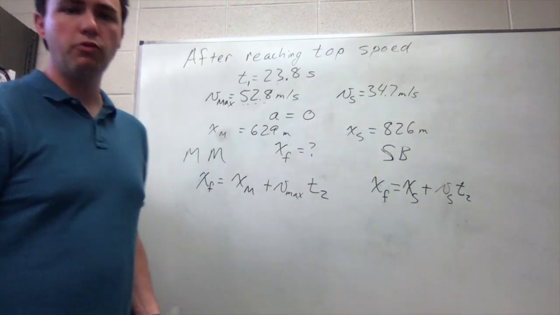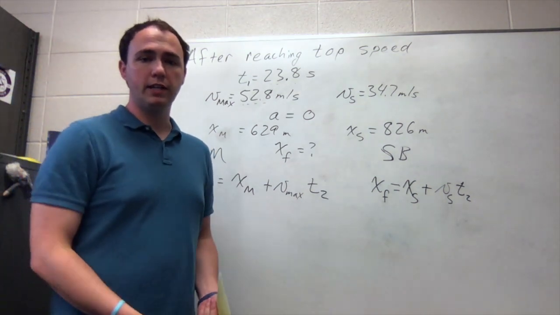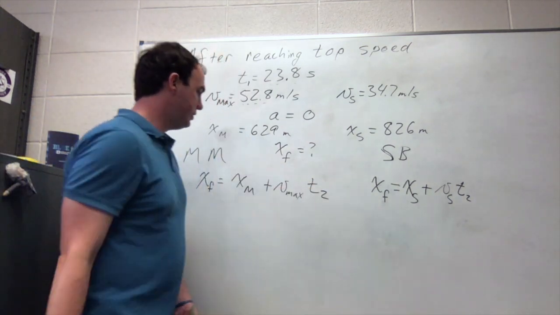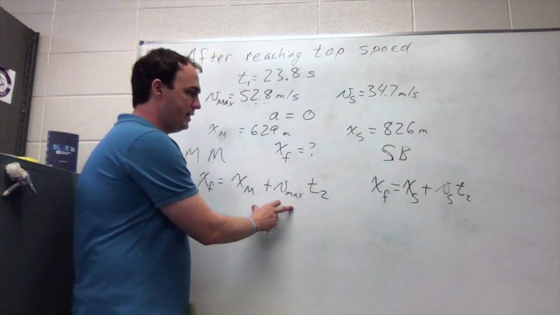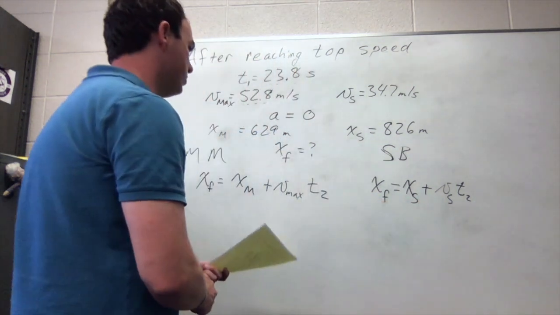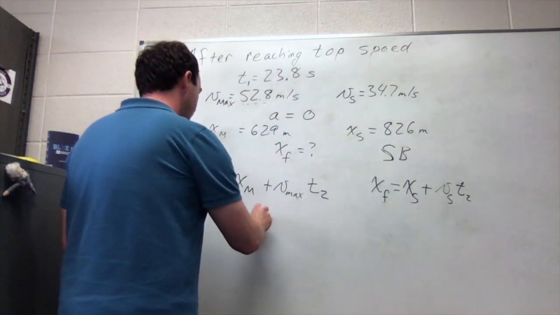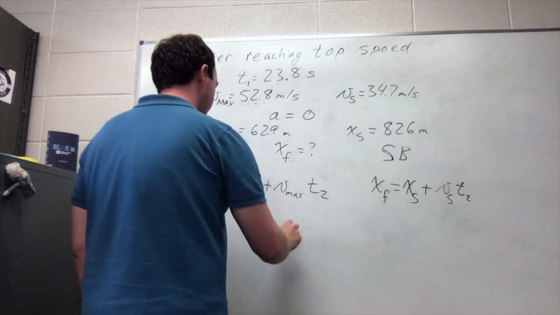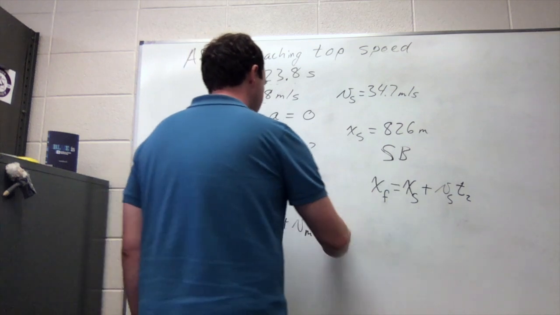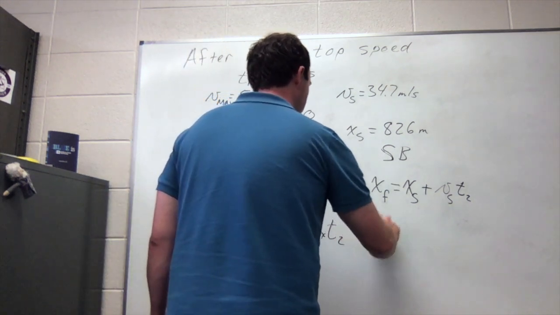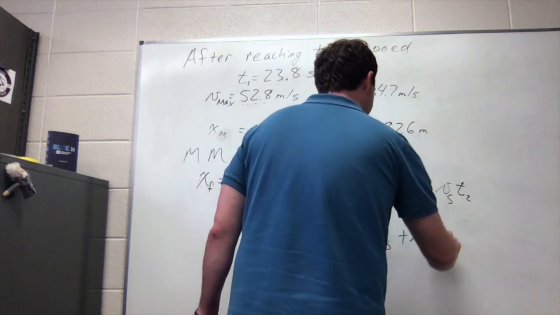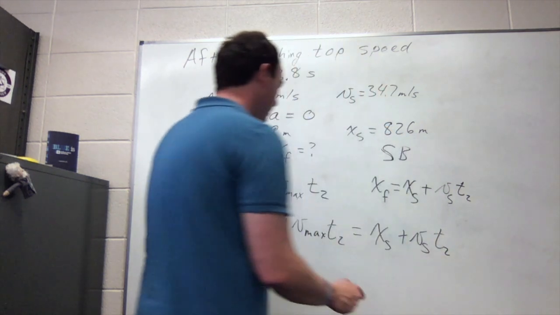That's what it means for Mermaid Man and Barnacle Boy to catch up to SpongeBob. So if this final position and this final position are the same, that means the right-hand side of this equation is equal to that right-hand side. So I can write XM plus V max times T2 is equal to XS plus Vs times T2.